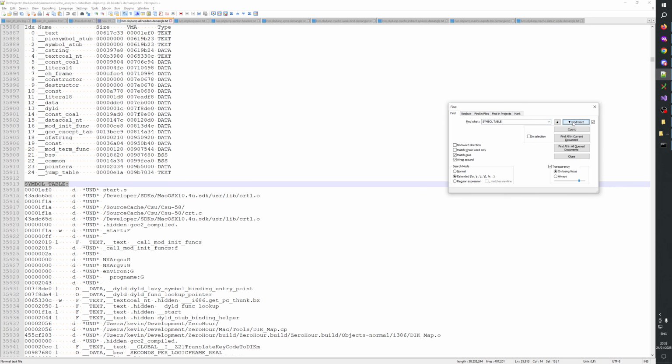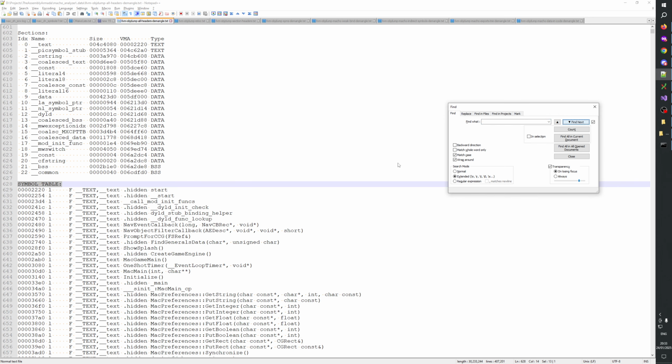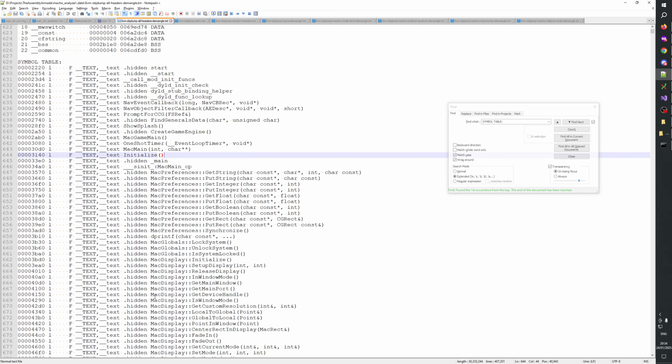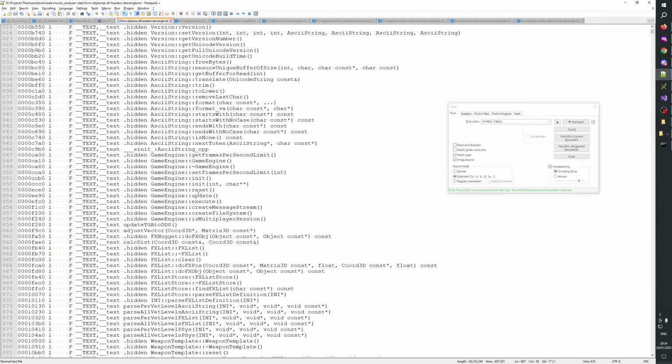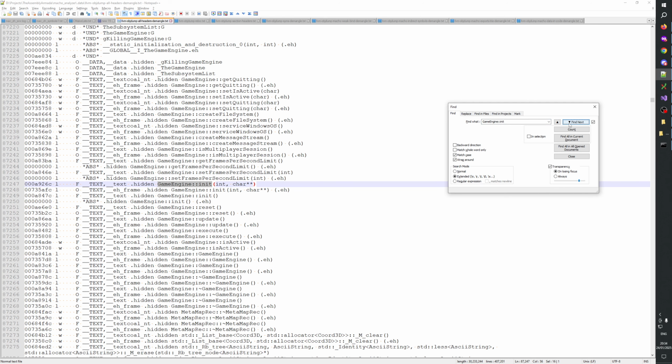There's some Mac specific stuff, we don't care. Let's go down here. So here, for example, we have game engine init. And there should be one here, and another one in the other symbol table. Yeah, here. There we go.